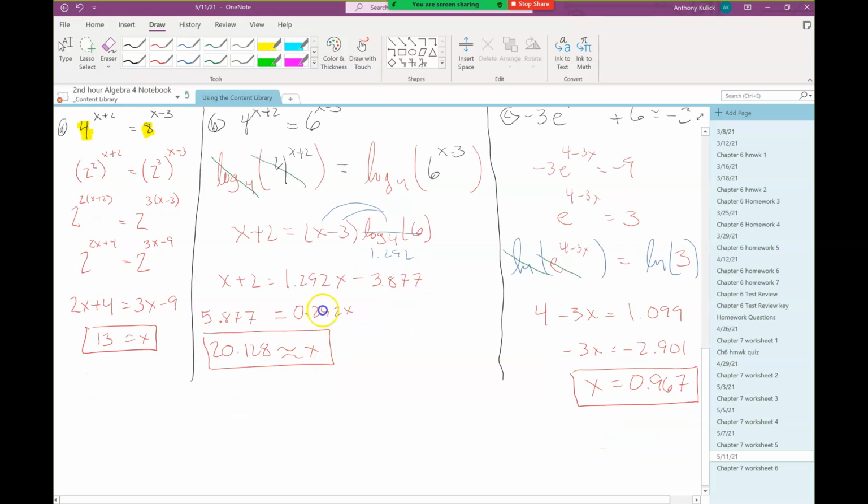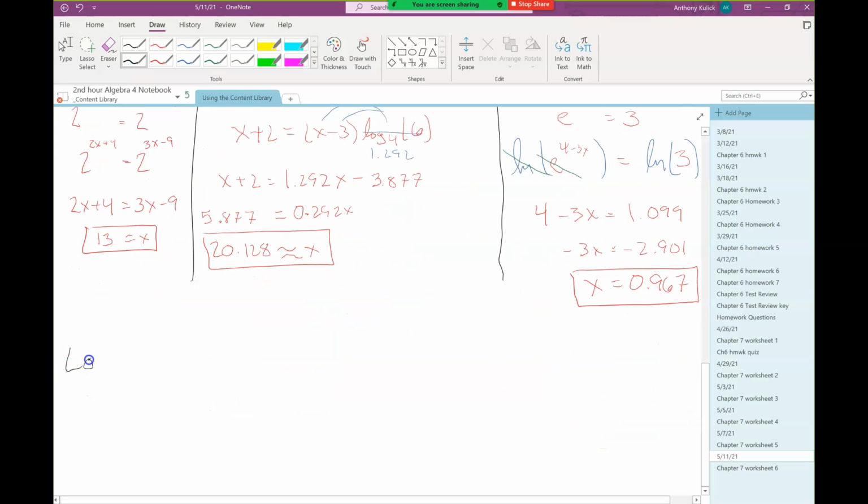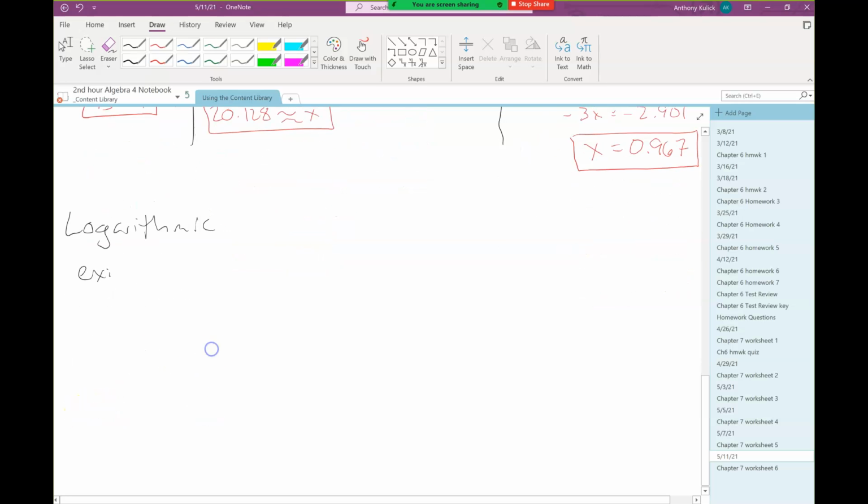All right. Let's look at some logarithm examples. Here are some logarithmic equations.